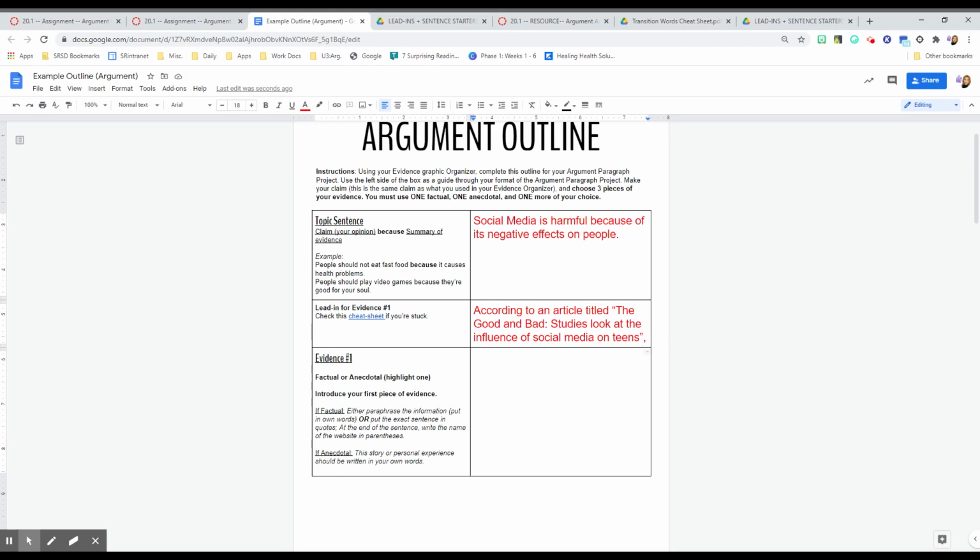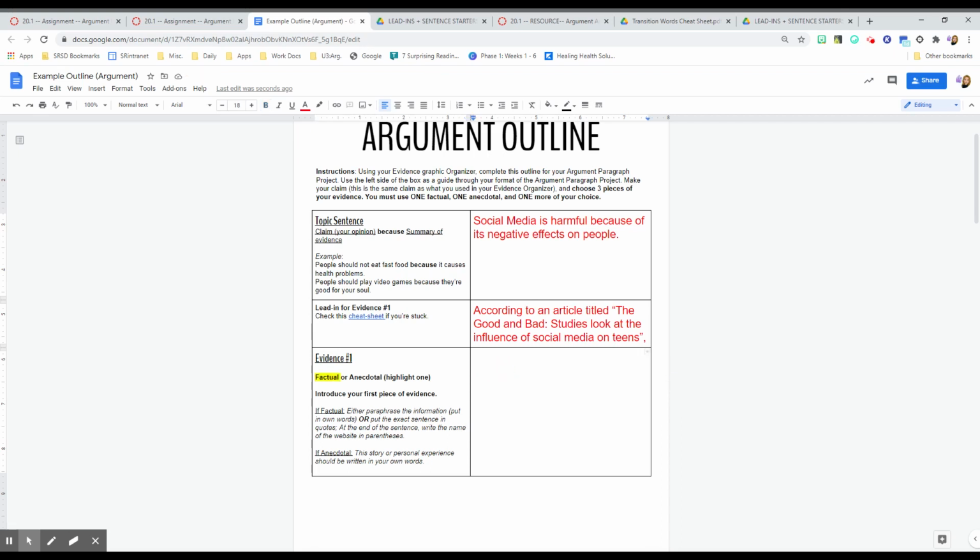Okay, so according to an article titled, quote, "The good and bad studies look at the influence of social media on teens," end quote, comma, and then we're going to open up a new quote because I'm going to be pulling something factual. So I'm going to highlight this so I remember that this is a piece of factual evidence.